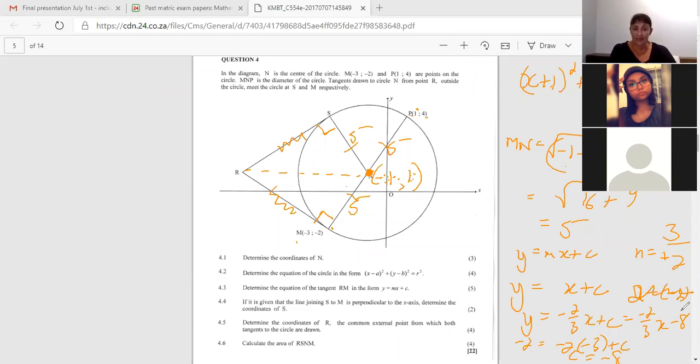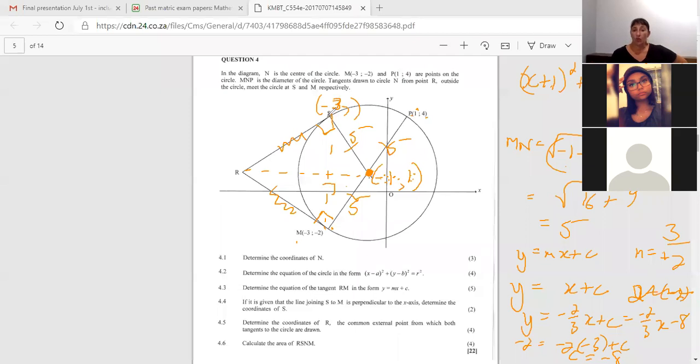Okay, and then it is given that the line joining S to M is perpendicular to the x-axis. That means S has the same x value, so it's minus 3 as well. Determine the coordinates of S. So S's coordinates would have the same x value.